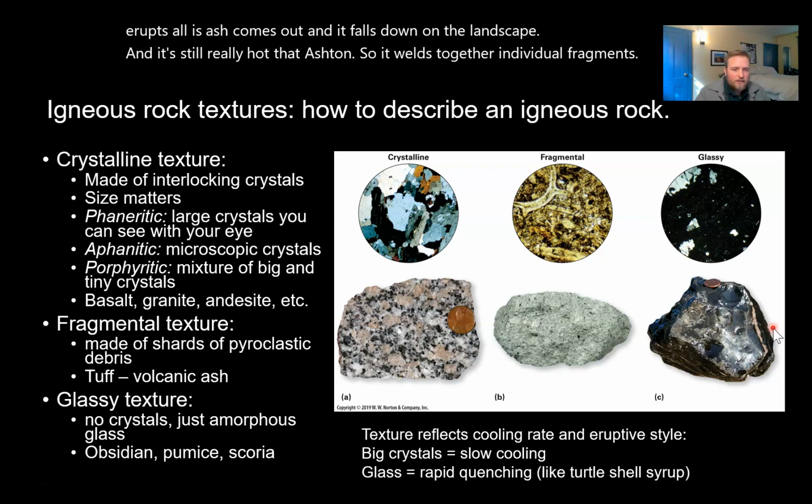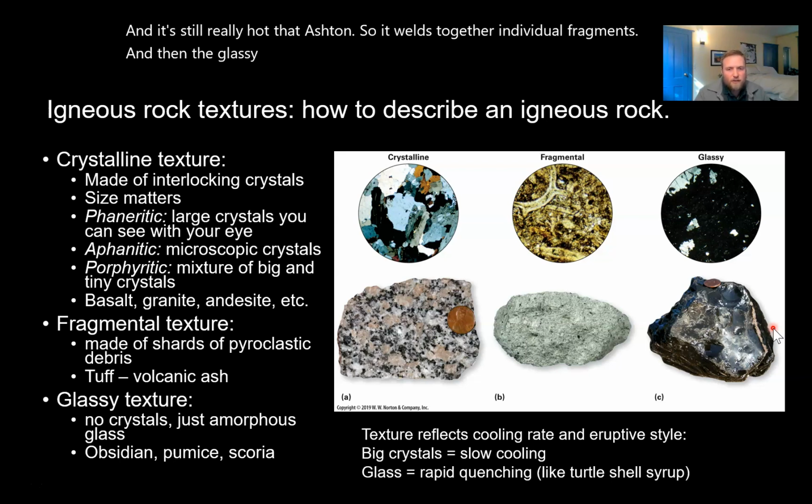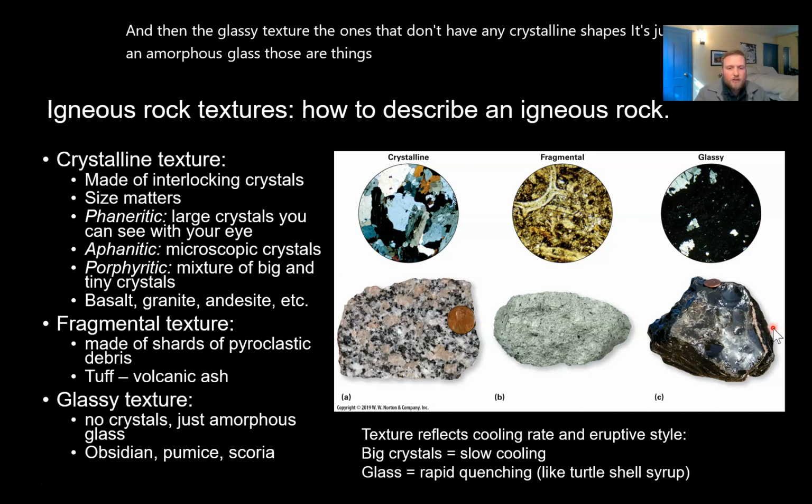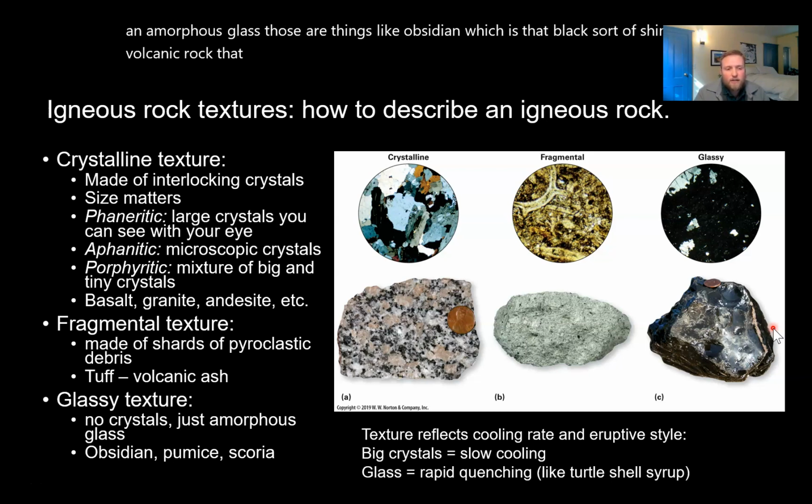And then the glassy texture, the ones that don't have any crystalline shapes, it's just an amorphous glass, those are things like obsidian, which is that black, shiny volcanic rock that you can carve arrowheads out of, as well as pumice, which is the really low density rock that erupts out of volcanoes, or scoria.